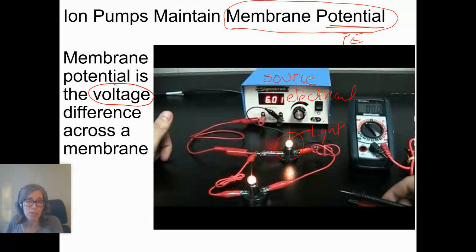There might be some heat associated with this too, but you're doing an energy conversion. So that voltage is a potential energy difference. It's a potential difference from here to here. That would be the voltage. And if you connected these electrodes from here to here, you would see a voltage drop as it goes over the light. But what you need to know for me isn't all this stuff. I want you to know that membrane potential is really a voltage across a membrane.